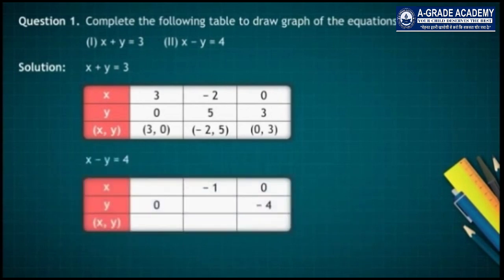2x minus y is equal to 4. x is 4, y is 0, (x, y) is (4, 0). x is minus 1, y is minus 5, (x, y) is (minus 1, minus 5). x is 0, y is minus 4, (x, y) is (0, minus 4).